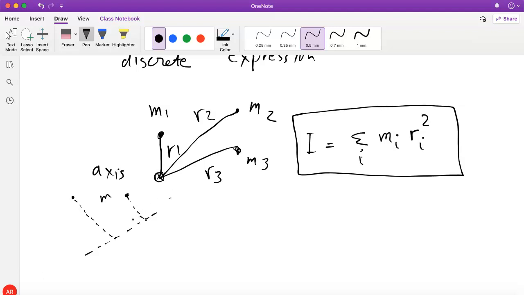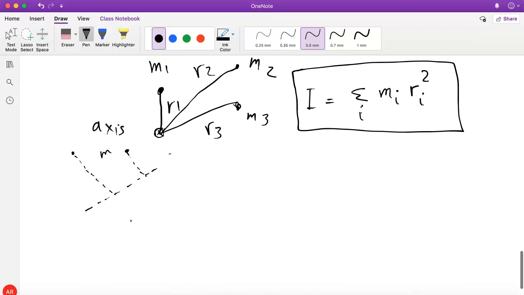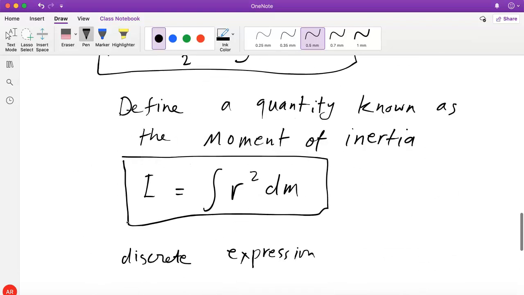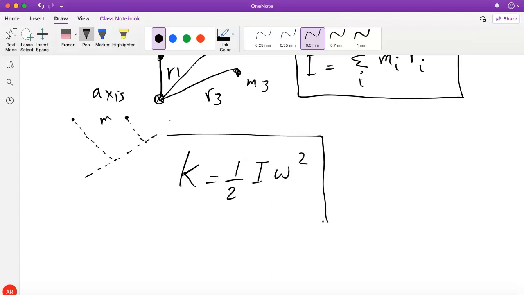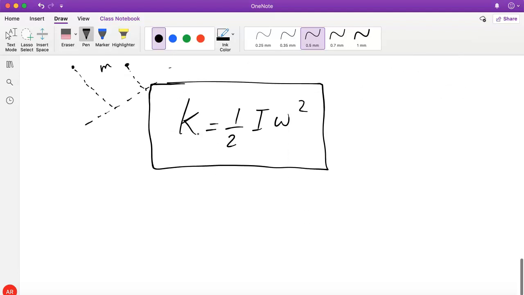So that's the definition of moment of inertia. And then, of course, the total kinetic energy is 1/2 I omega squared for an object rotating around a fixed axis, and I is the moment of inertia around that axis.